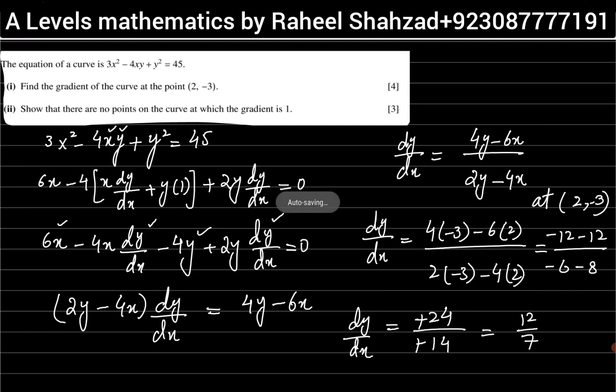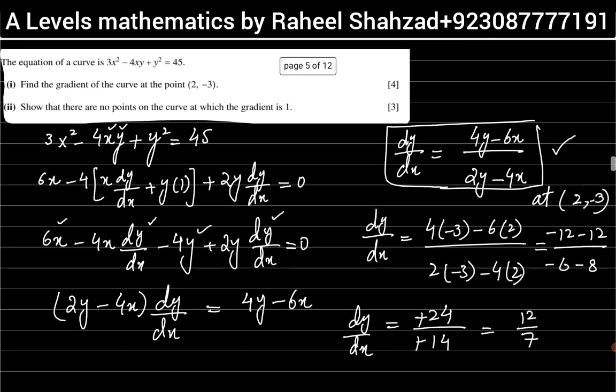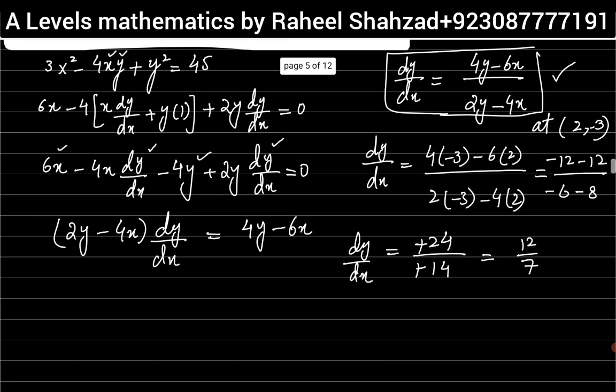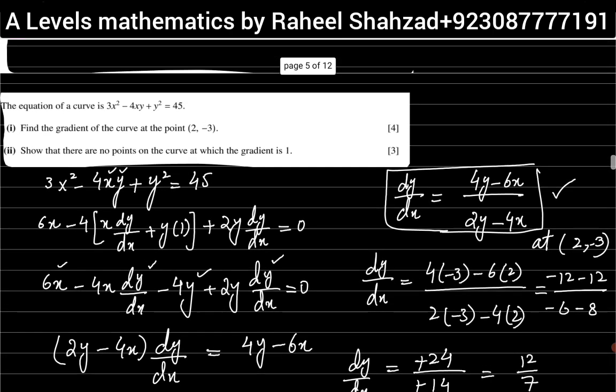In part B, show that there are no points on the curve for which the gradient is 1. For such cases, we just substitute the gradient equal to 1. So in part B, (4y minus 6x) divided by (2y minus 4x) is equal to 1.